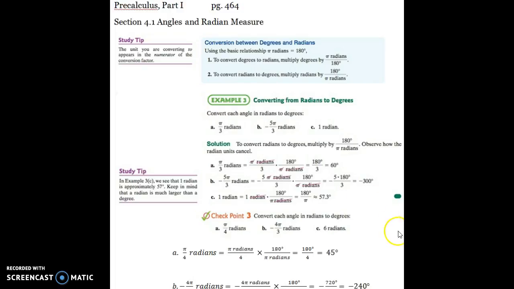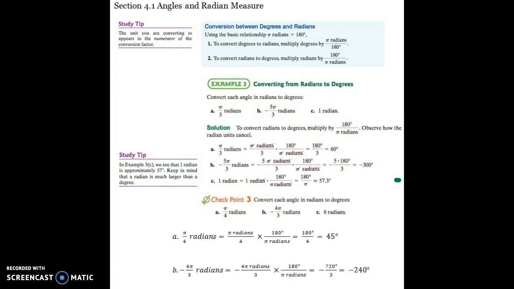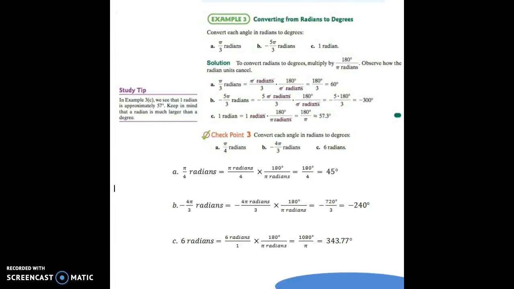Okay, so if we go down here and do the ones that it gave us, we're going to do exactly the same thing. We're going to take pi over 4 radians. We're going to multiply that by 180 over pi because we're trying to get to degrees. The pi radians are going to cross out. 180 over 4, so 45 degrees.